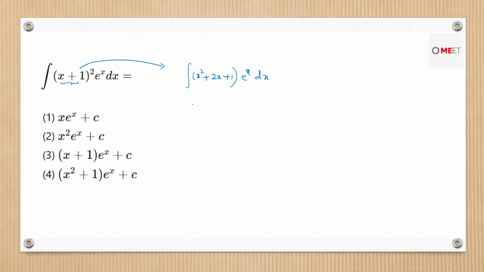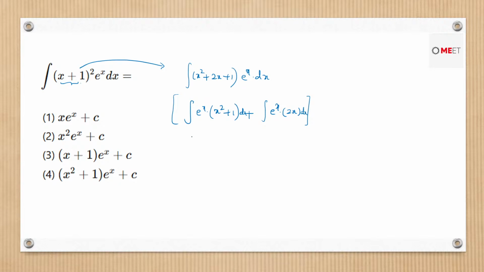This could be written as integral e power x into x square plus 1, plus integral e power x into 2x dx.